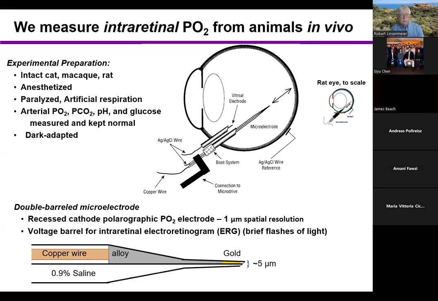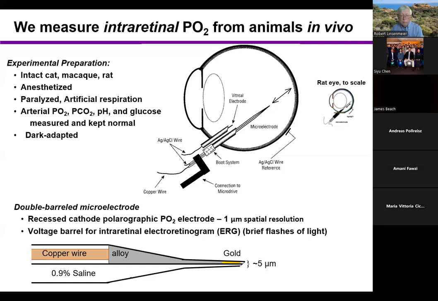We make these measurements with double-barreled microelectrodes. This is very important to us. One barrel of the electrode has gold at the tip, and oxygen is reduced at this surface. So the current that's produced is proportional to the amount of oxygen that's actually available at the tip of the electrode.